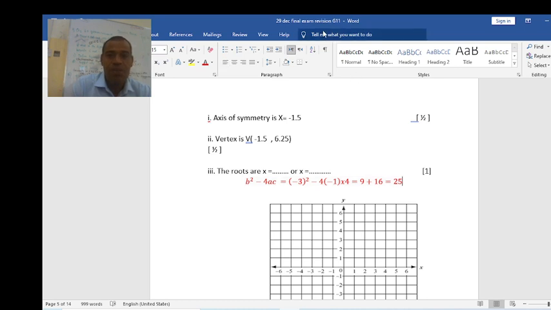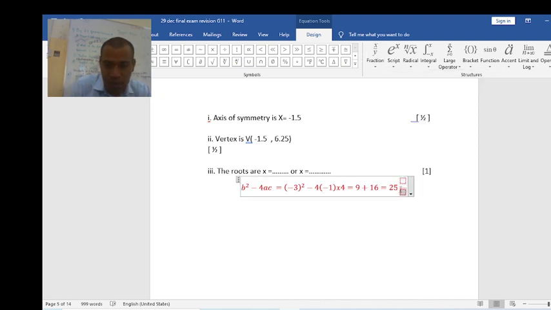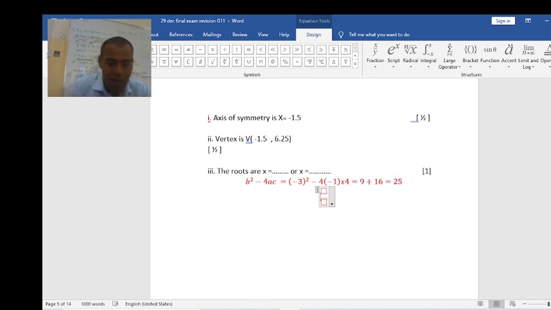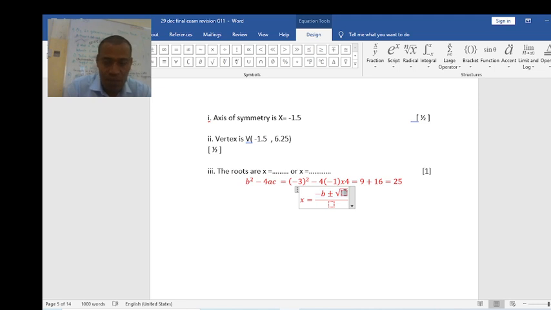I will write the first root. I will write x equal minus b plus or minus the square root of delta, which is equal to b squared minus 4ac, divided by 2 times a, by 2a.